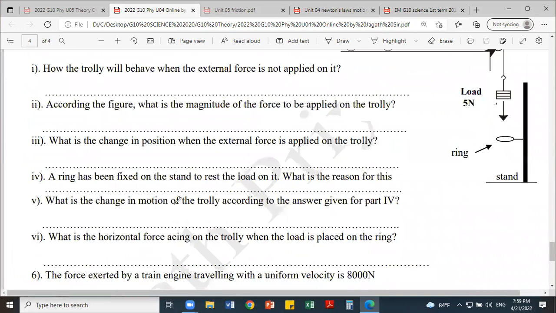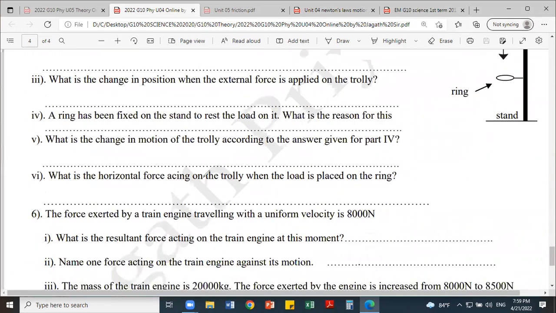Zero. You remove this, the horizontal force becomes 0 Newton, right? So then this question is done. The last question you only have to try at home. I'll discuss that next day, the last question.